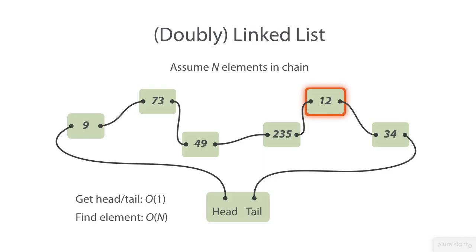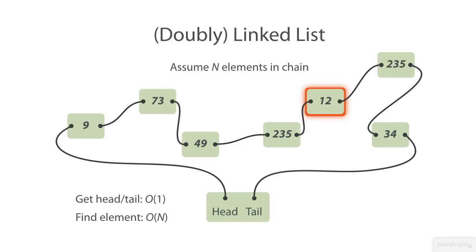If we would like to insert a new element after 12, it's just a matter of adjusting the pointers, but before we do that, notice that we can reach the pointers at the element 34 in constant time, just by following a single link. So inserting a new element after 12 here is just a matter of letting the 12 element point to, in this case, 235, letting 235 point to 34, and the other way around.